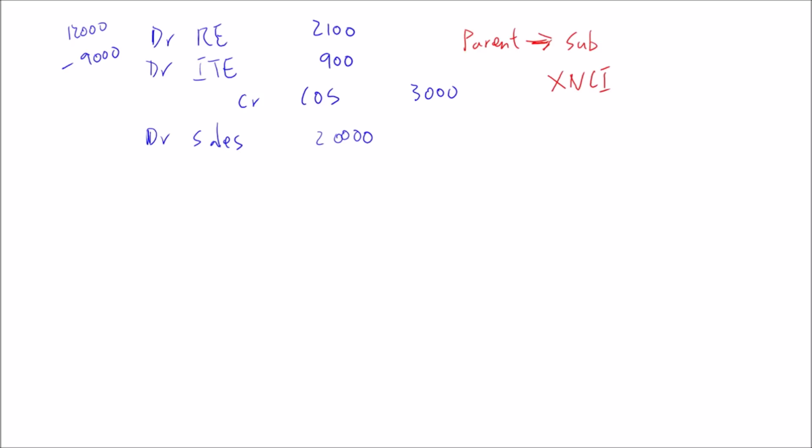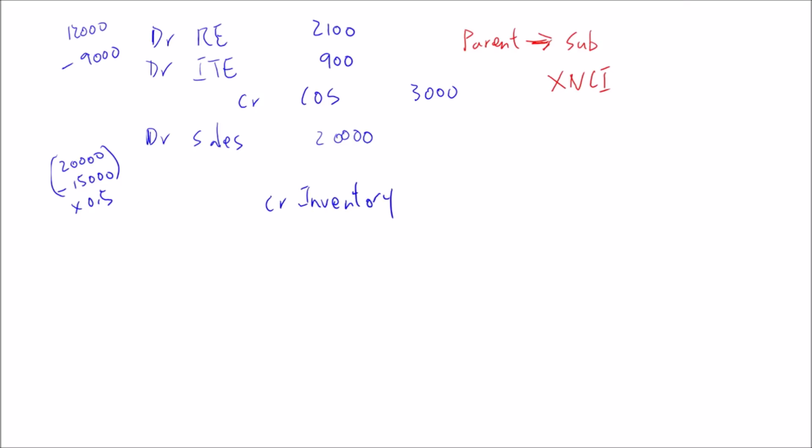After that, we need to calculate the amount of unrealized profit. So it was $20,000 minus $15,000, and then the whole thing we need to multiply by 50% because half of the inventory remains on hand. As a result, the amount of unrealized profit was $2,500.